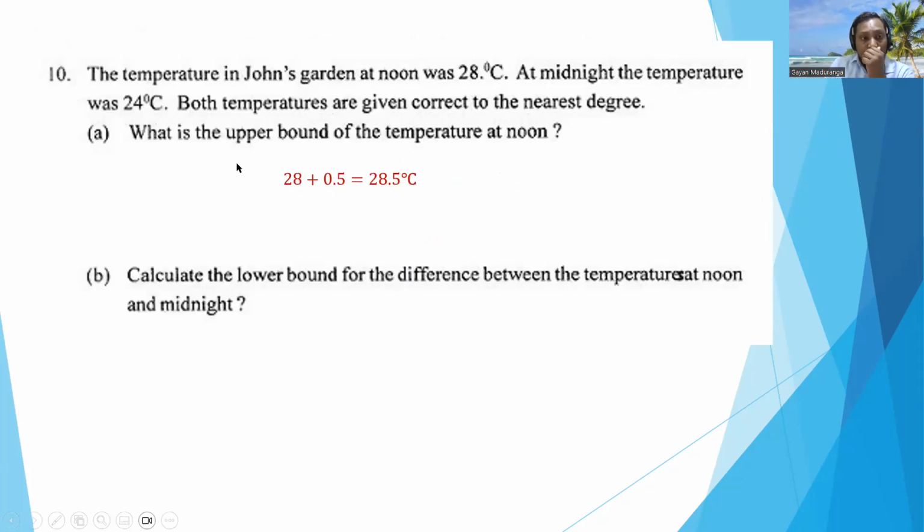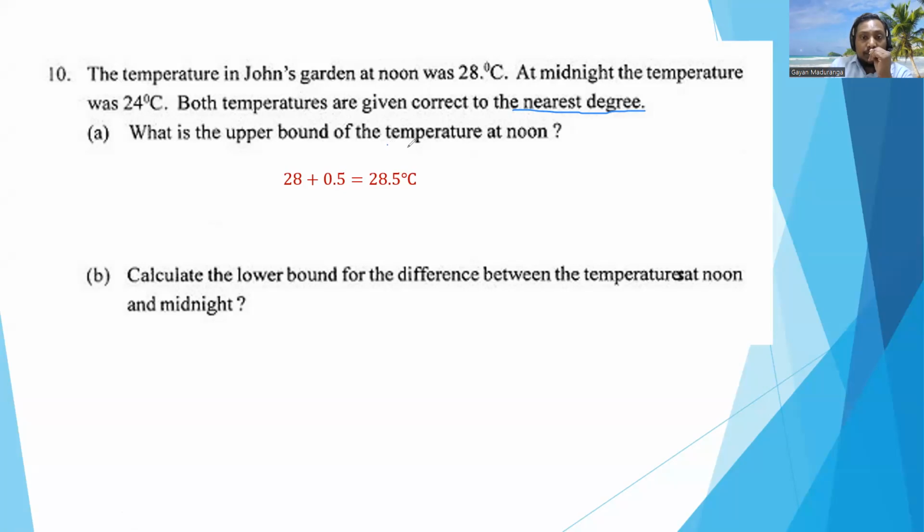Right, a temperature question. The temperature in John's garden at noon is 28 degrees centigrade. At midnight, the temperature was 24. It was quite less. Both temperatures are given correct to the nearest degree. Remember, children, nearest degree means the answer is a whole number.